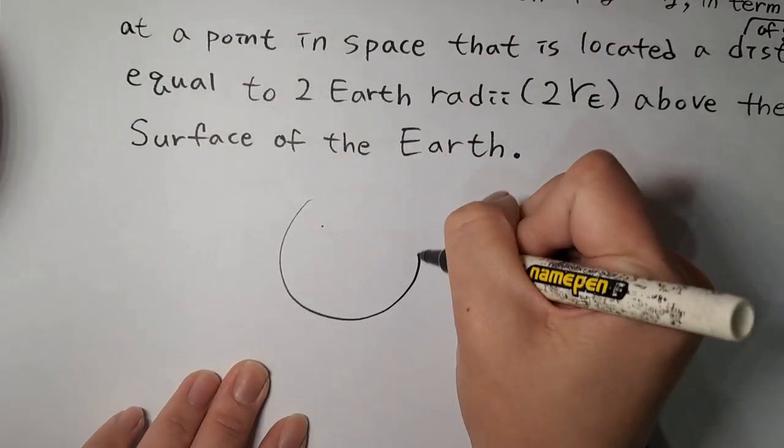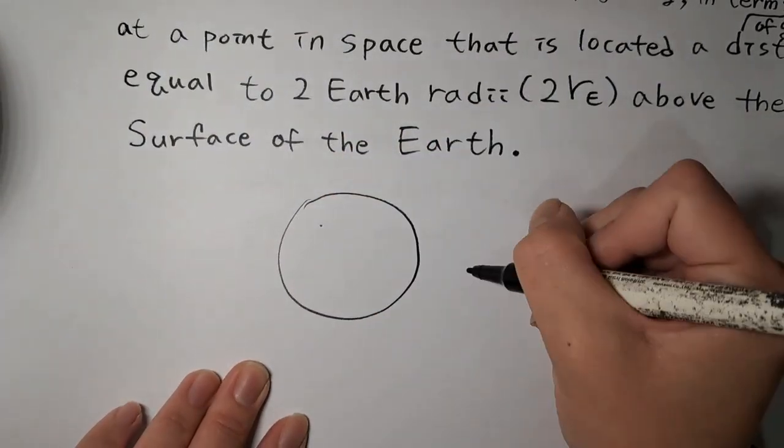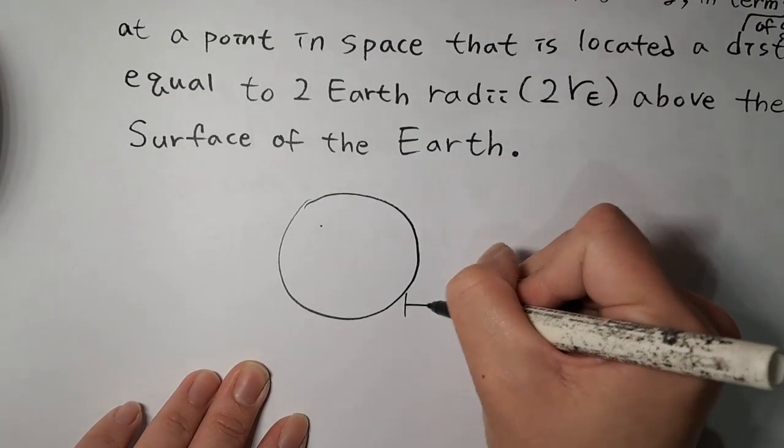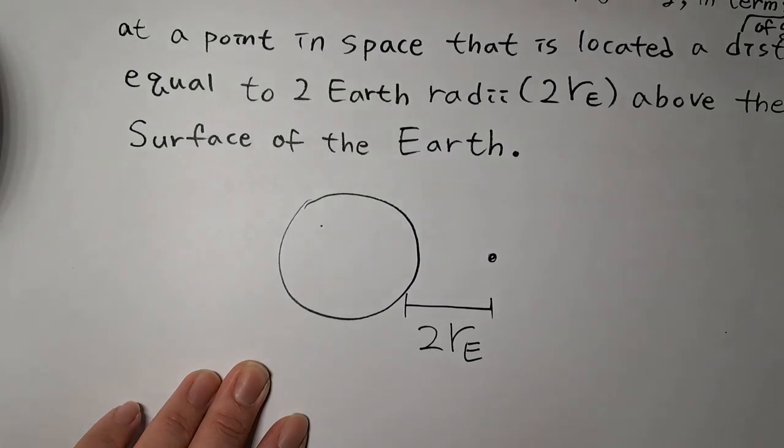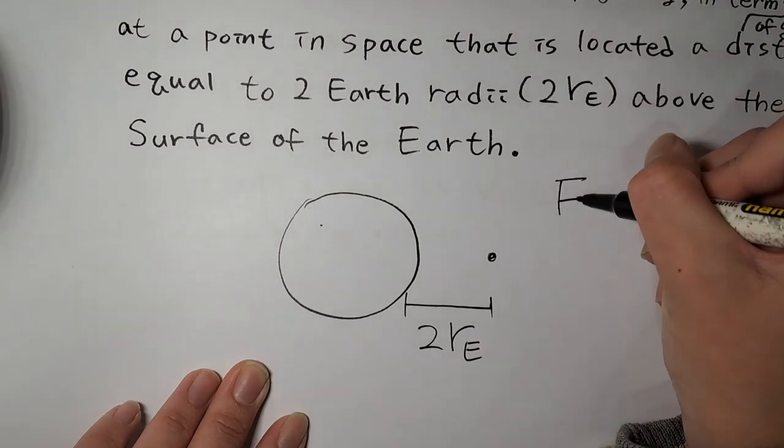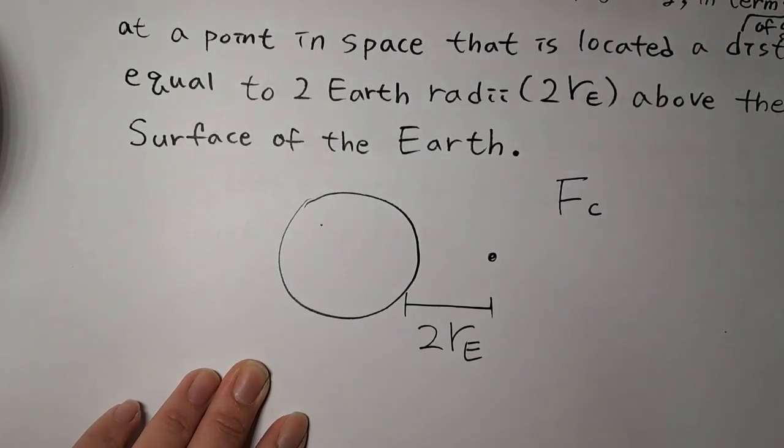So this is about orbital circular motion. The centripetal force is the sum of the forces acting on the mass and directed toward the center of the circular motion.